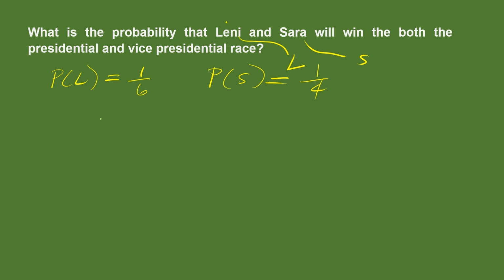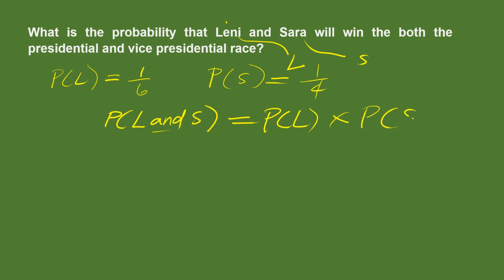Here is our equation: the probability of L and S is equal to the probability of L times the probability of S, or the probability of Lenny times the probability of Sarah. The probability of Lenny is 1/6 and the probability of Sarah is 1/4. If we multiply these two, we get 1/24.